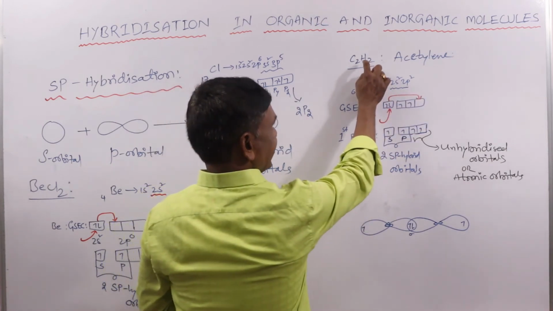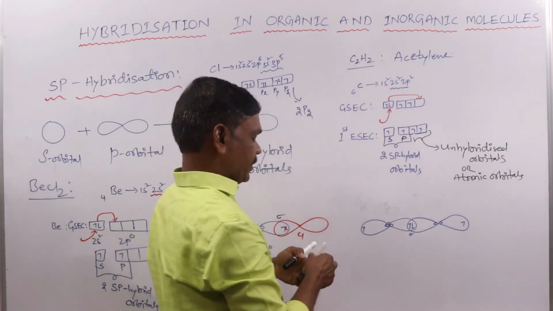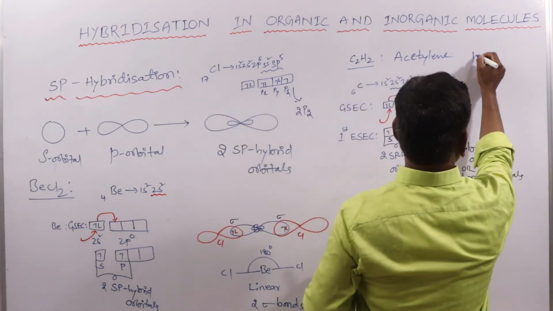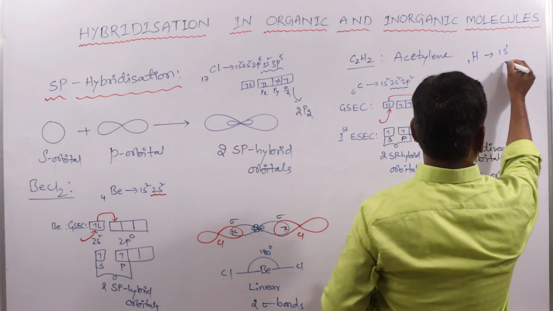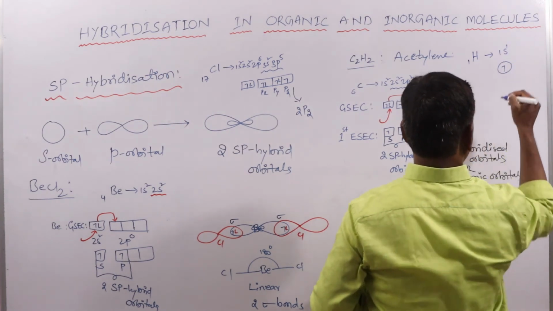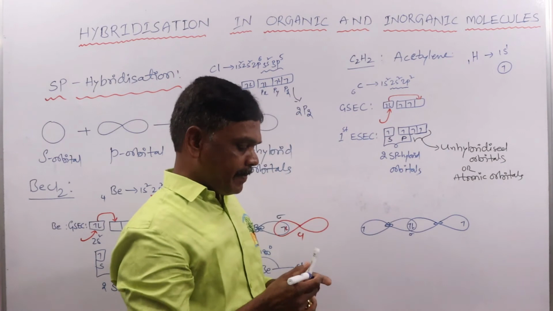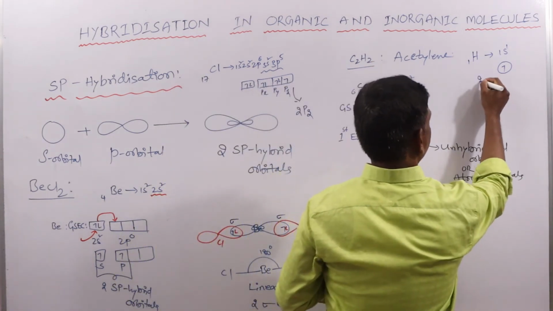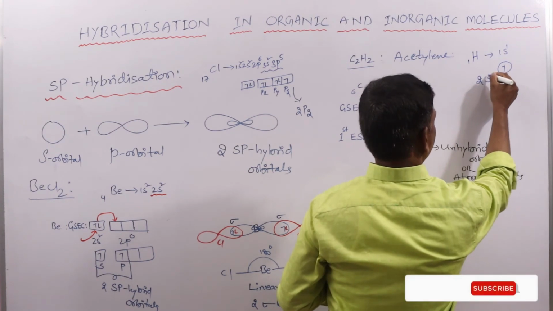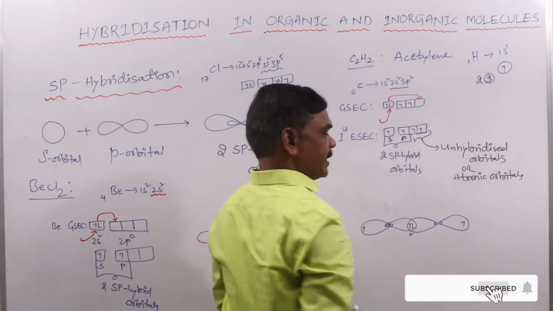So now second element is what? Hydrogen. Okay, we know that hydrogen atomic number 1, electronic configuration 1s1. So in s orbital, how many unpaired electrons? 1 unpaired electron. So how many hydrogens are there? 2. So that we are getting 2 s orbitals of hydrogen.